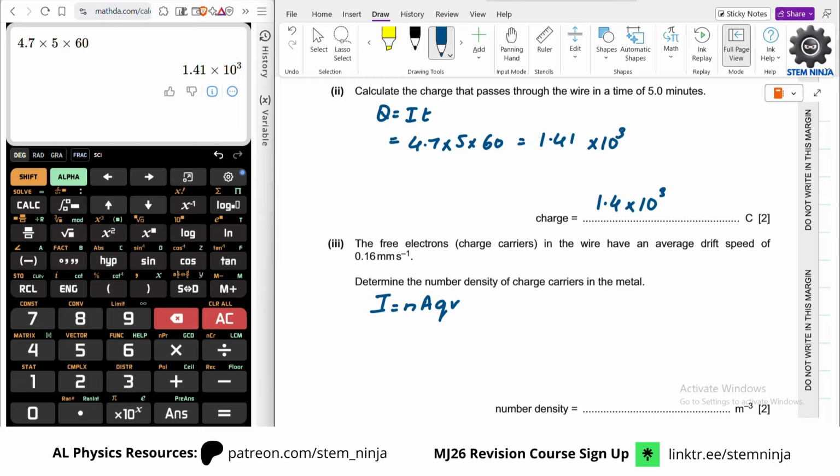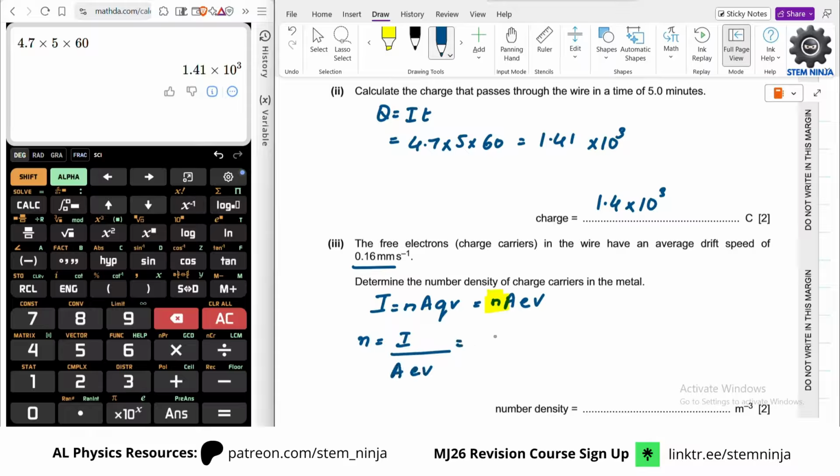It could be n A e v also, depending on how we want it, because these are free electrons, so the fundamental charge e can be used directly. We need to find this n because we have the cross-sectional area, the fundamental charge, and the drift speed in millimeter per second. So we need number density n equals I over A e v.